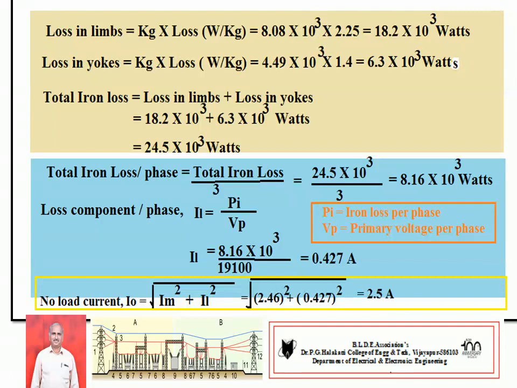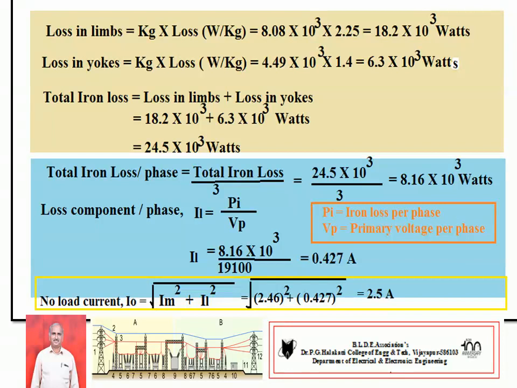So loss in limbs should be equal to 8 into 10 to the power of 3 into loss in watts per kg. From the graph 2.25, we are going to get 18.2 into 10 to the power of 3 watts. Similarly, we calculate loss in yokes. We are going to get this data as 6.3 into 10 to the power of 3 watts.